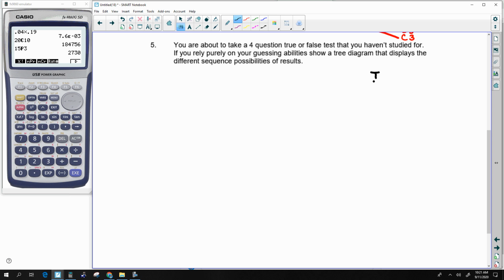So that'd be 1, 2, 3, 4, 5, 6, 7, 8, 9, 10, 11, 12, 13, 14, 15, 16. That is of question 4. Families of 2.